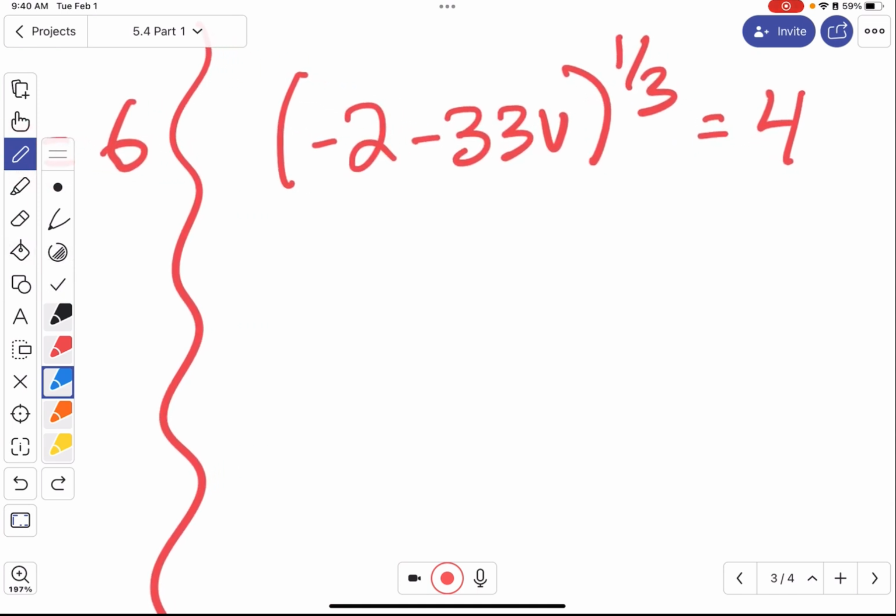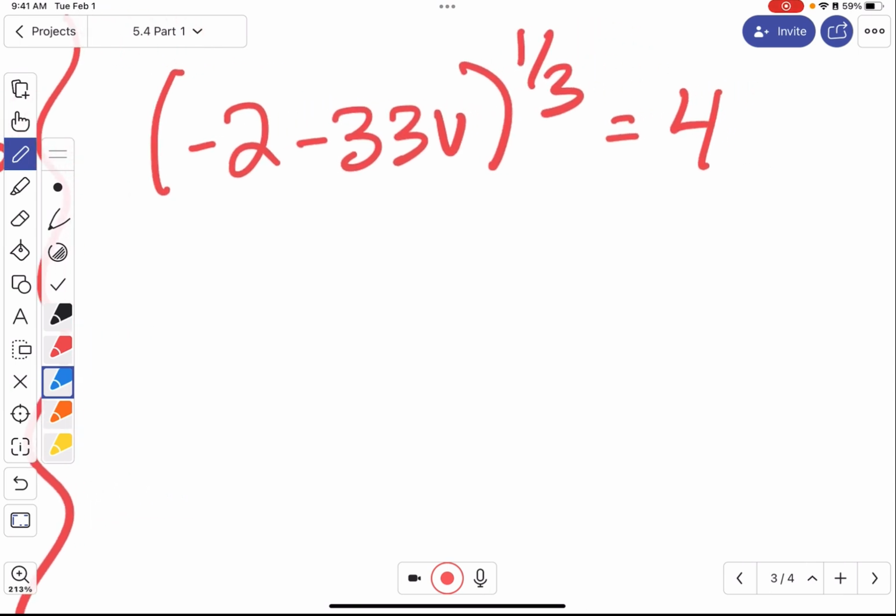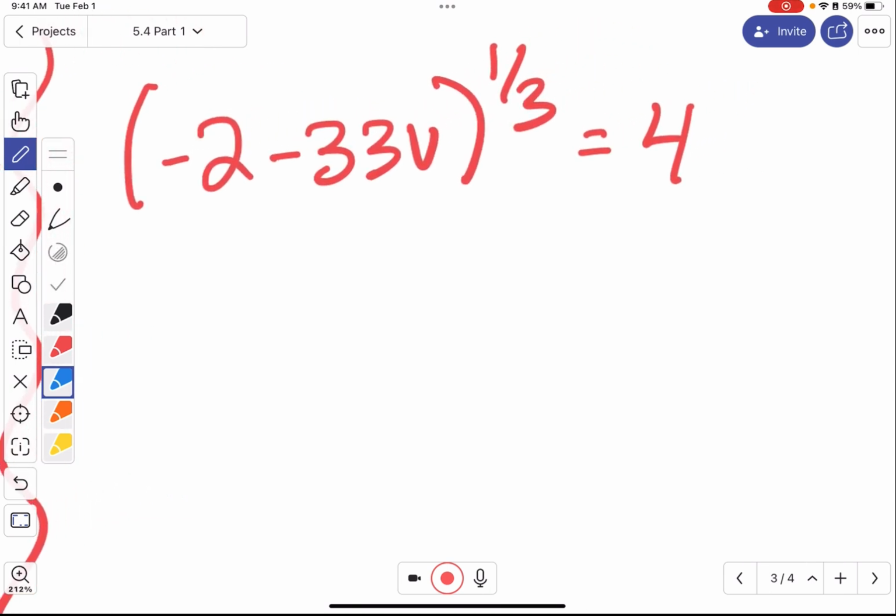So go ahead and solve negative 2 minus 33v to the 1/3 equals 4. Go ahead and find the value of v. So since everybody's talking so loud, I'll rewrite it. It's the same thing.